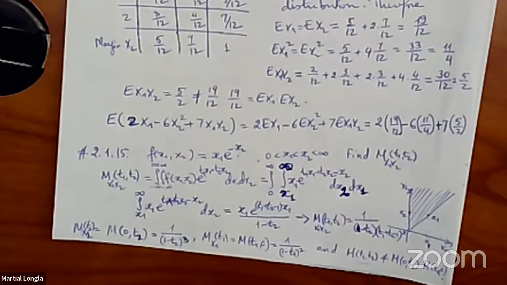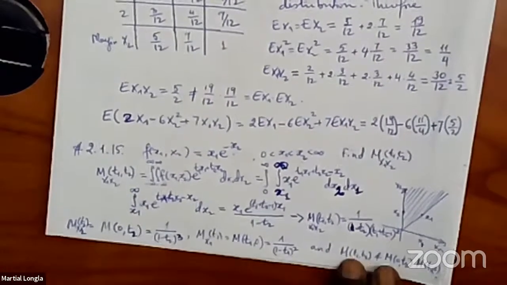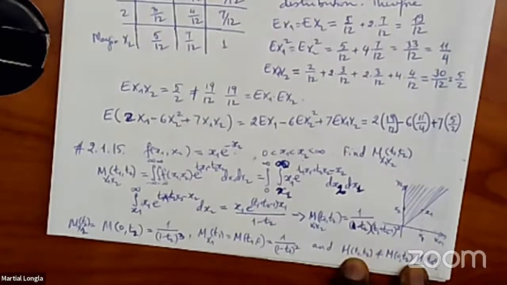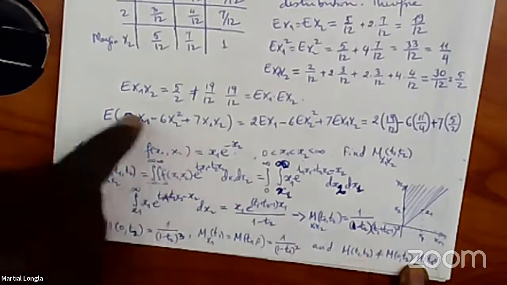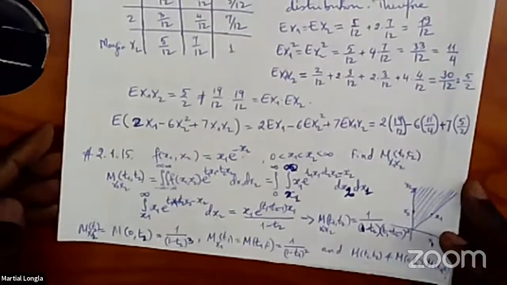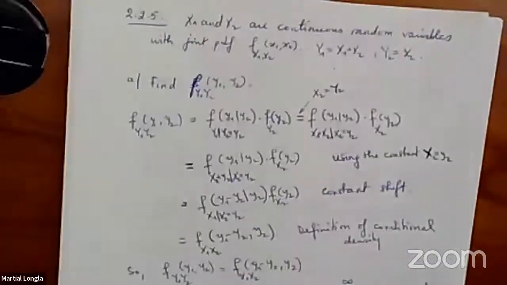Because otherwise, this wouldn't be true. If this function is equal to that one, then the two random variables are independent. It's a theorem. And based on the fact that looking at this, I already see that it's not going to be independent, so that equality cannot happen. All right. Any other questions on this? Let's move forward.